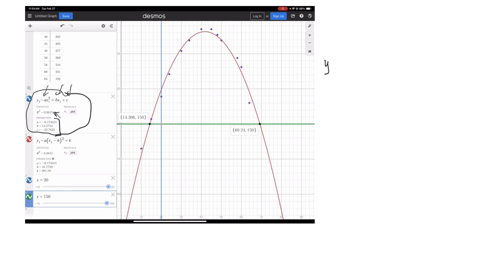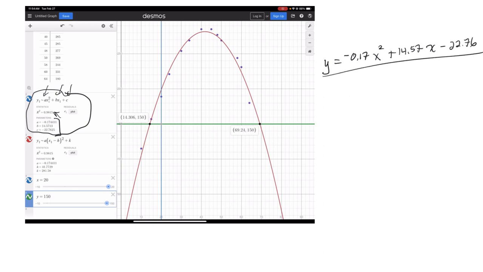So if I wanted to, I could write this equation as y is equal to negative 0.17, let's just round to 2 decimal places, x squared, and then the b value is 14.57, so plus 14.57x, and then the last value, the c value, is negative 22.76, minus 22.76.